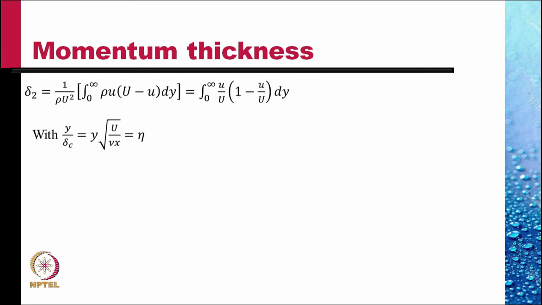So with y divided by delta, the characteristic thickness in the y direction, as under root nu x by U, we get y times root U by nu x is equal to eta, as introduced by Blasius.